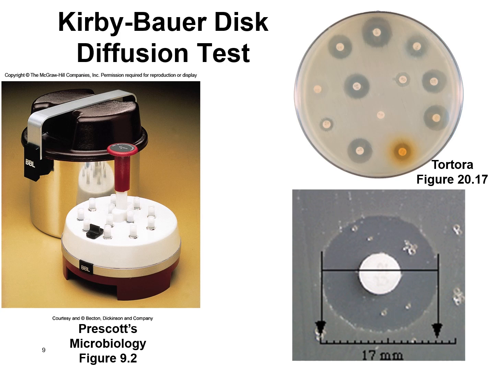So for example, if we compare this antibiotic here, where there's no zone of inhibition, to this antibiotic here, where there's a very large zone of inhibition, you would choose the antibiotic with the large zone of inhibition. That's going to work much better than the one where there's no bacteria that have been killed around there.